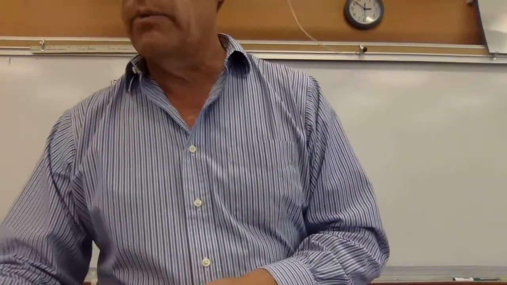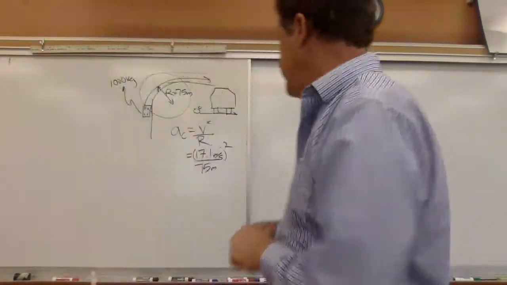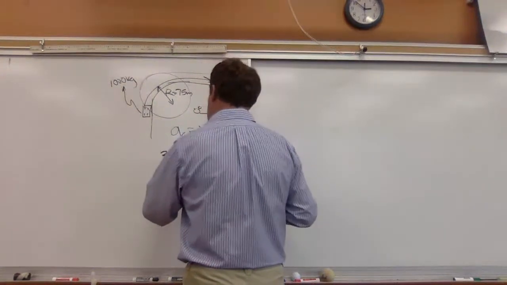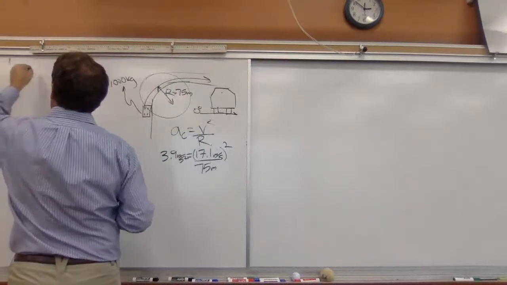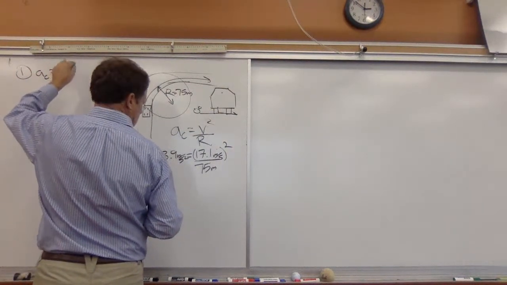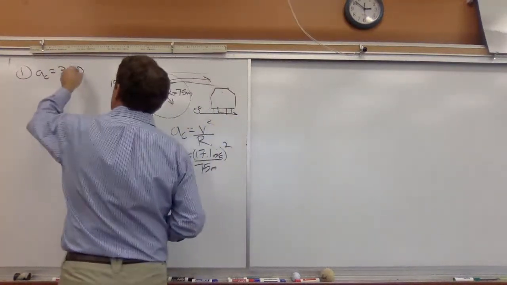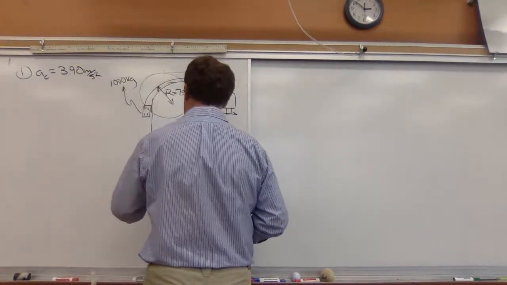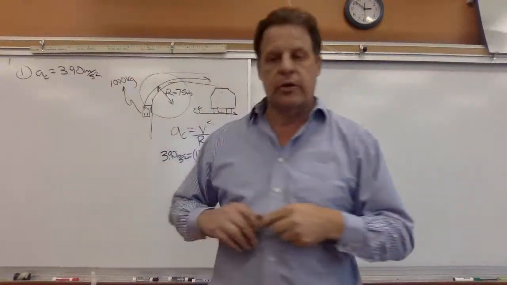So we're going to call that 3.9 meters per second squared. So our answer to number 1, the centripetal acceleration, is 3.90 meters per second squared.